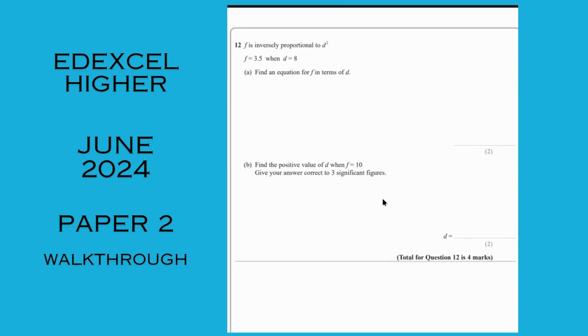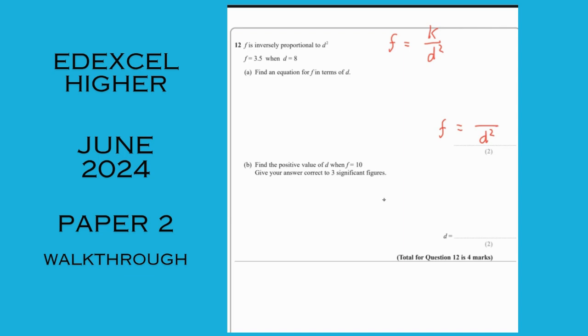So inverse proportion, don't muck around with the fish sign, any of that nonsense. Inverse proportion, just go straight to it's going to be a number over, because it's inverse. And so the equation it wants is going to look like that. That's your hint.